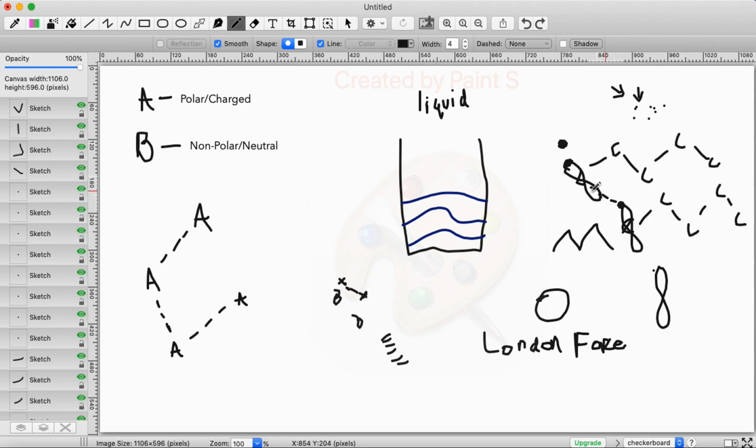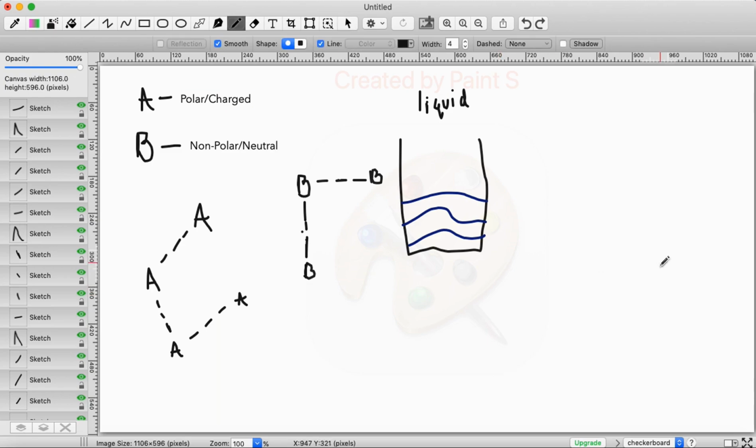You can have these interactions such that the chemicals want to stay together, enough of an interaction for that. So that's how these non-polar ones will stick together. It's the same thing, a weak interaction.